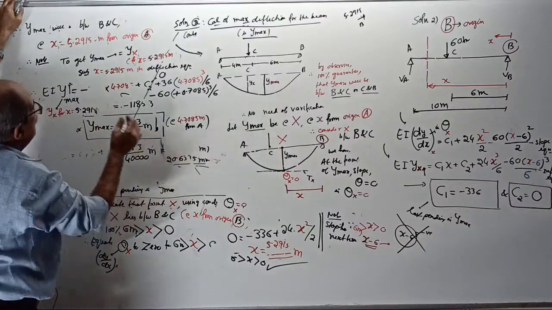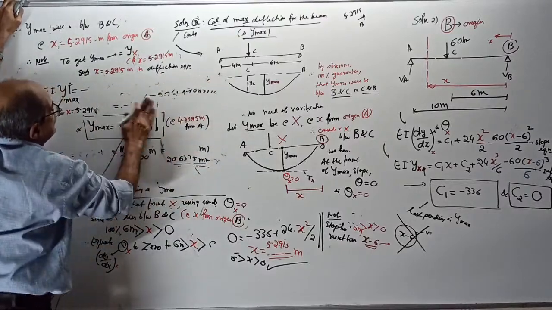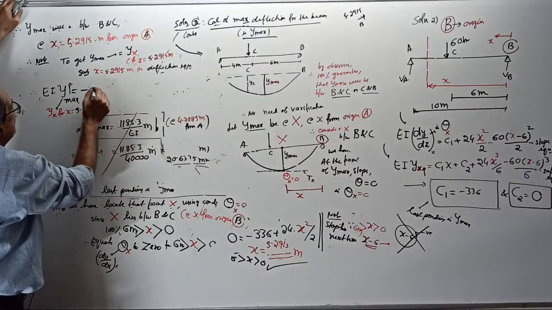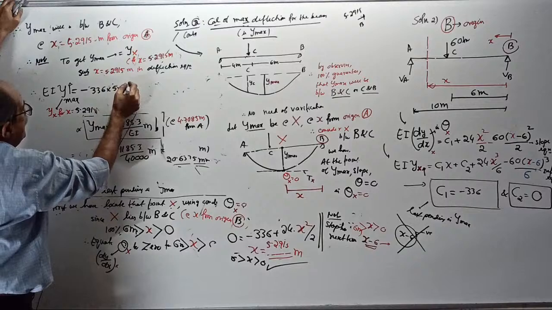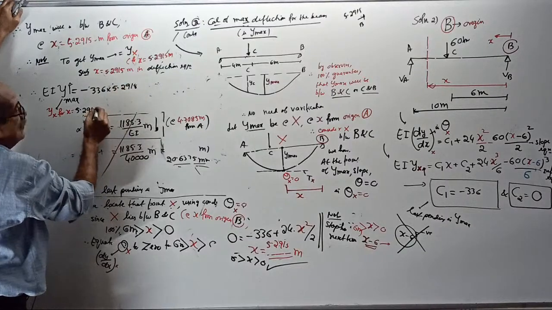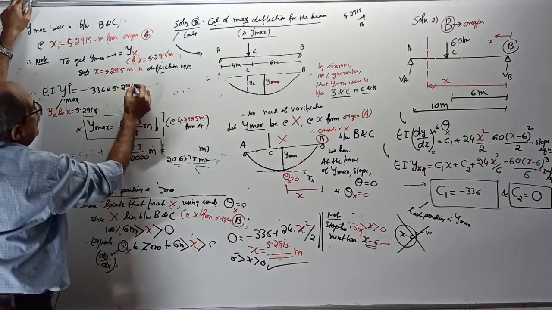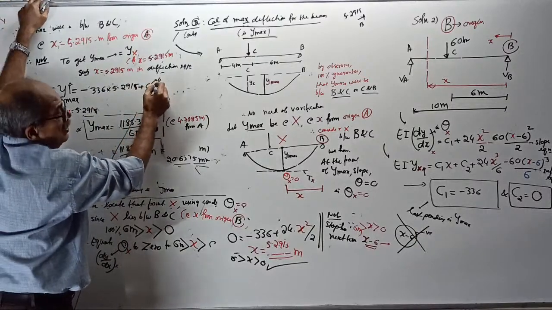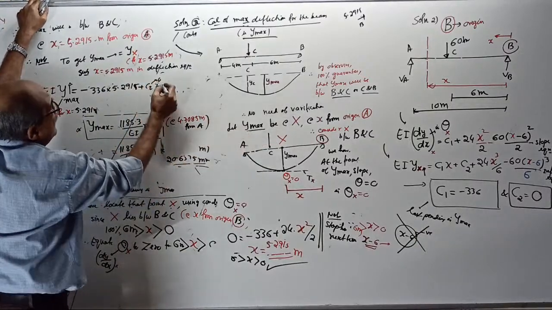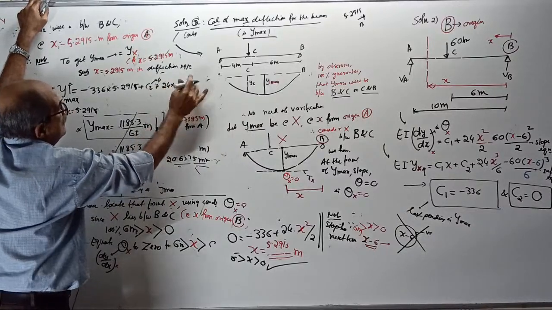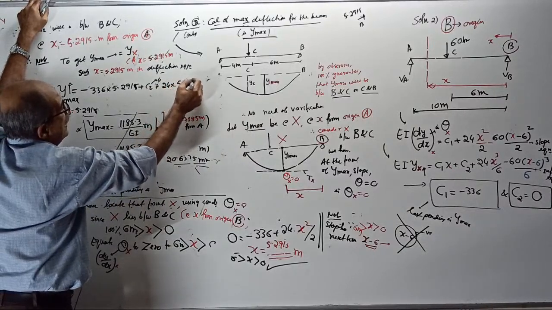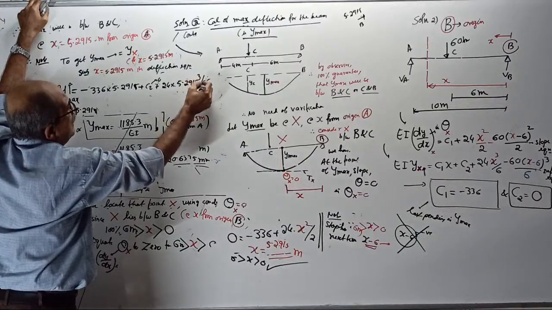Where is C1 now? I'll write once again. See, now your C1 is minus 336, red color not required, into 5.2915 C1 into x plus 15. C2 is already 0, plus, see the deflection equation there, 24 into 5.2915 cube divided by 6.